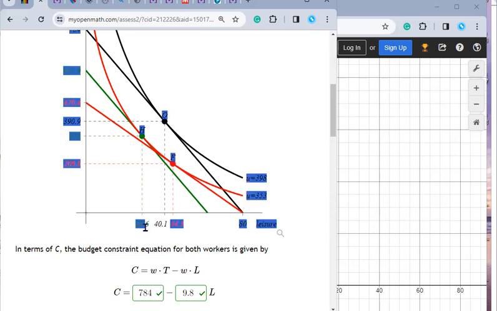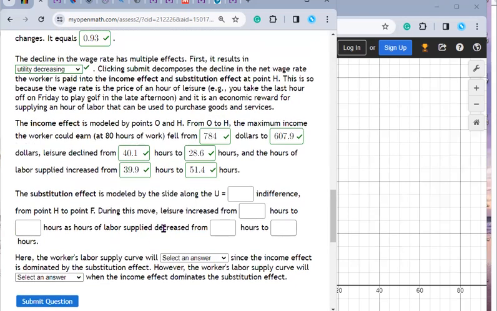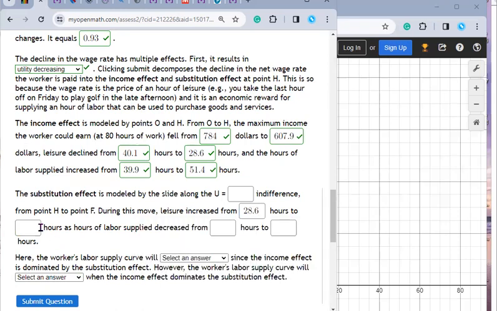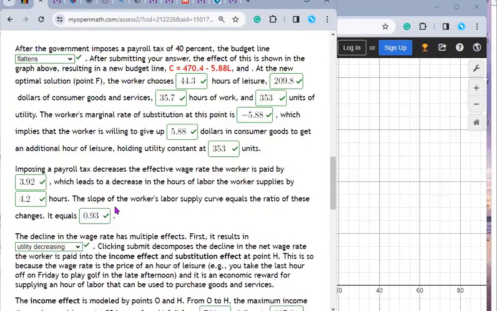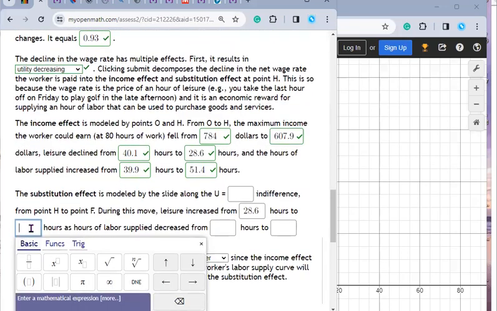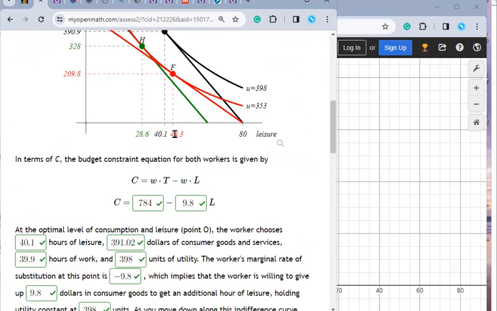And leisure increases from 28.6 to 44.3. So leisure increases from 28.6 at point H to 44.3 at F.